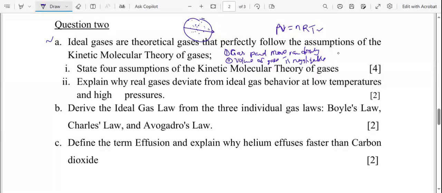Then the third point is that between these molecules there must be no attraction. If there is a force causing attraction, then this point will not be valid, because we said they move randomly without any force. So there is no force of attraction between these particles.